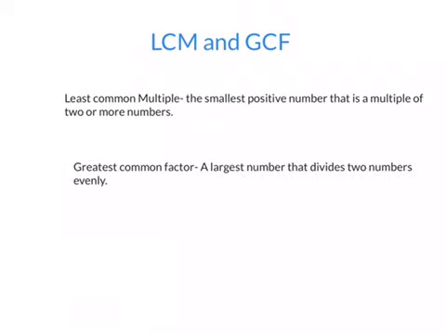In other words, it's going to be the largest or biggest number that both of your numbers can be divided by without a remainder. If, for example, they don't share any factors, for example, 5 and 9, then the greatest common factor would be 1. 1 is going to be a common factor for every single number, but most numbers are going to have other numbers besides just 1 as a common factor.